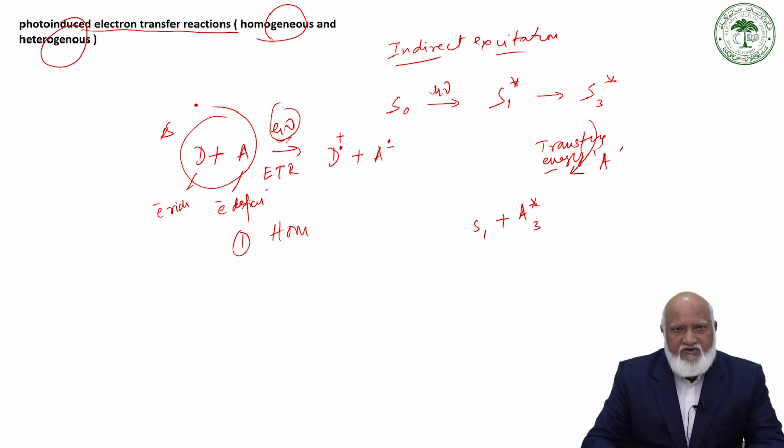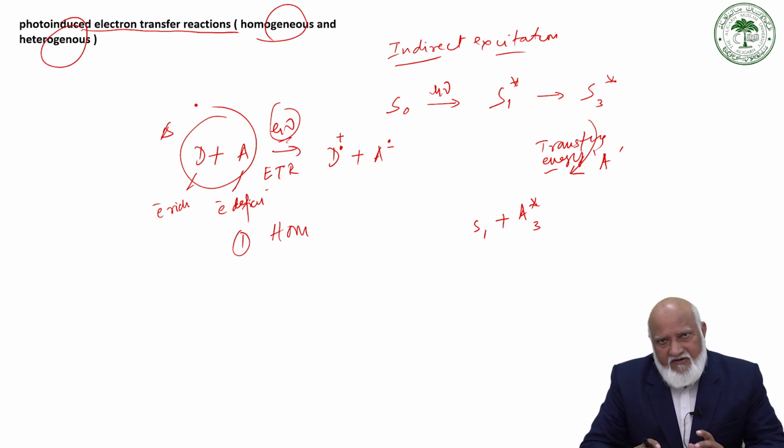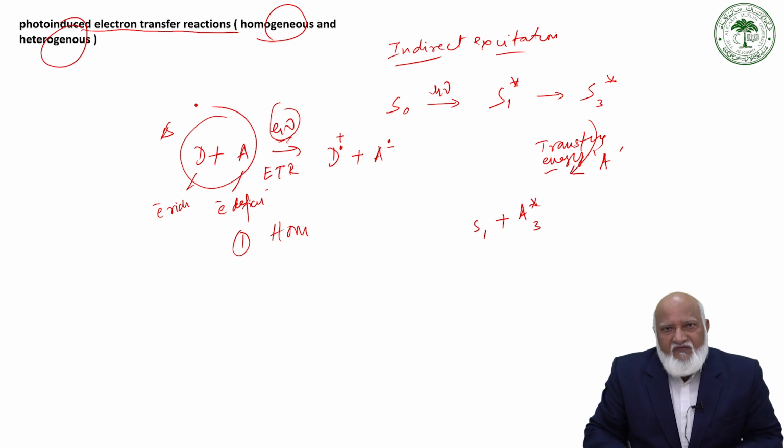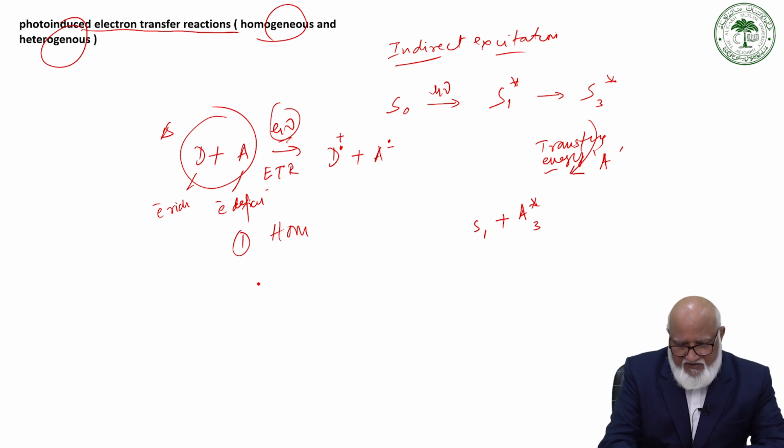In the heterogeneous case, one component is soluble and the other component is insoluble, and hence it is a biphasic reaction. An example is a semiconductor mediated reaction.